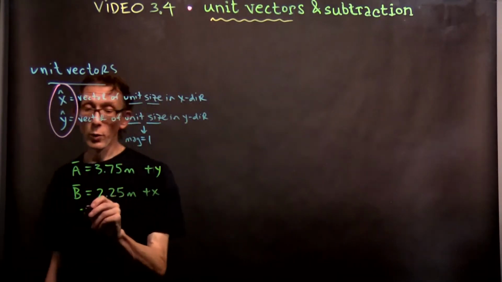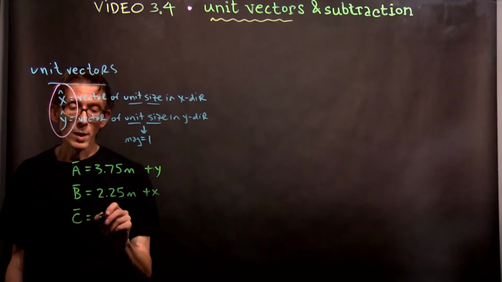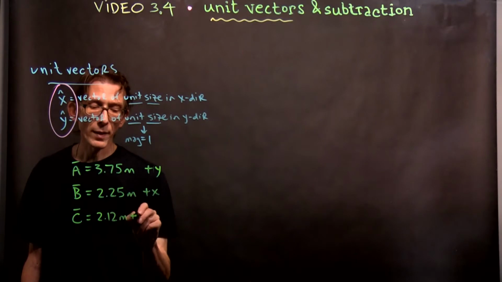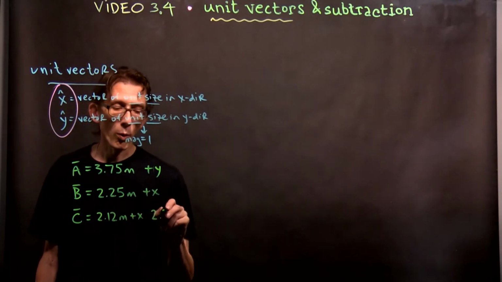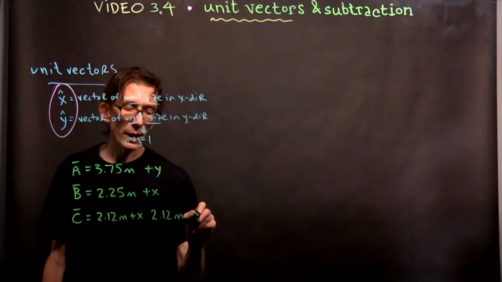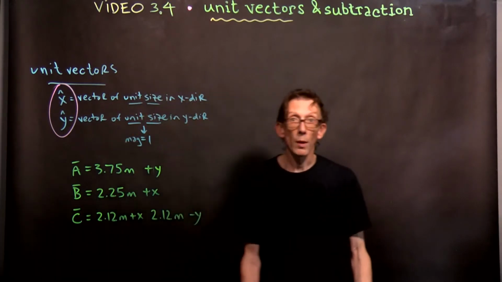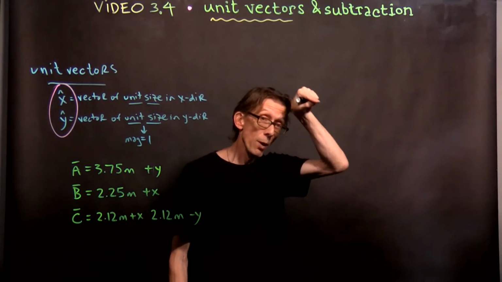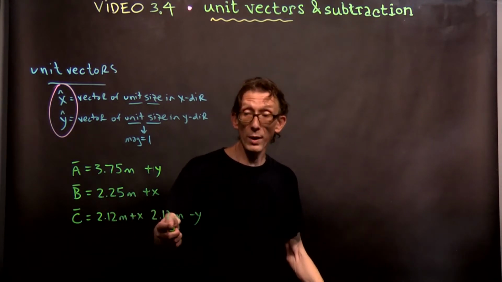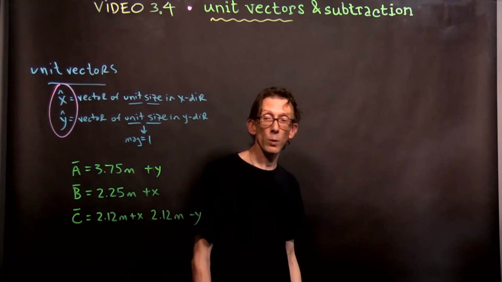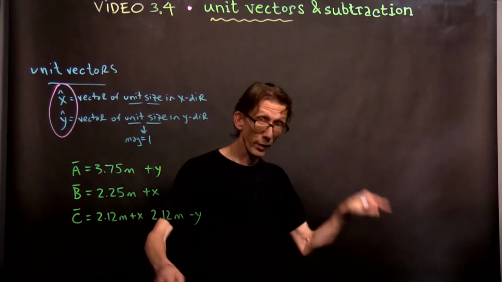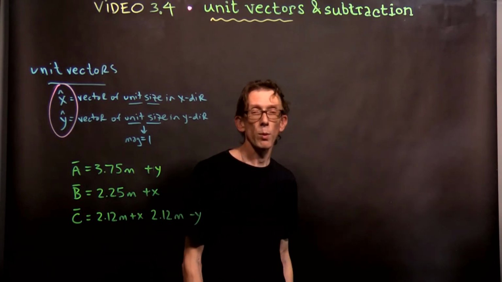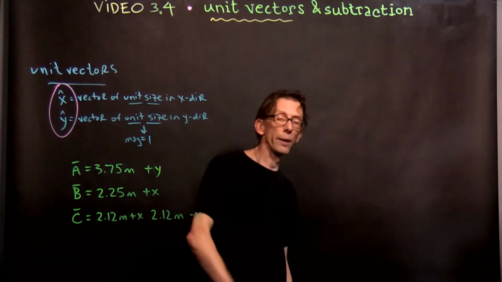And we talked about two other vectors. Vector C was 2.12 meters in the positive x direction and 2.12 meters in the negative y direction. Remember, that one pointed southeast. It changed in both x and y, so it had components in both directions. The x was positive because it pointed to the right. The y was negative because it also pointed down.